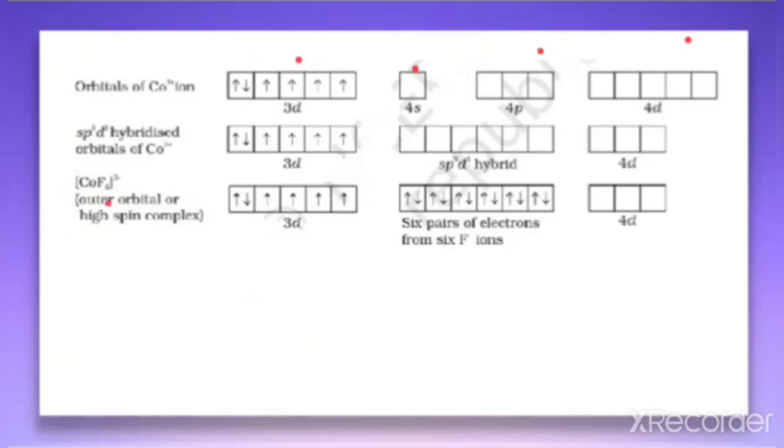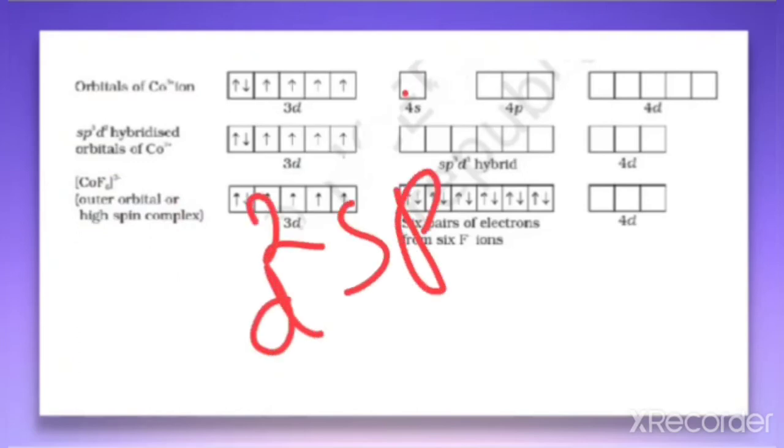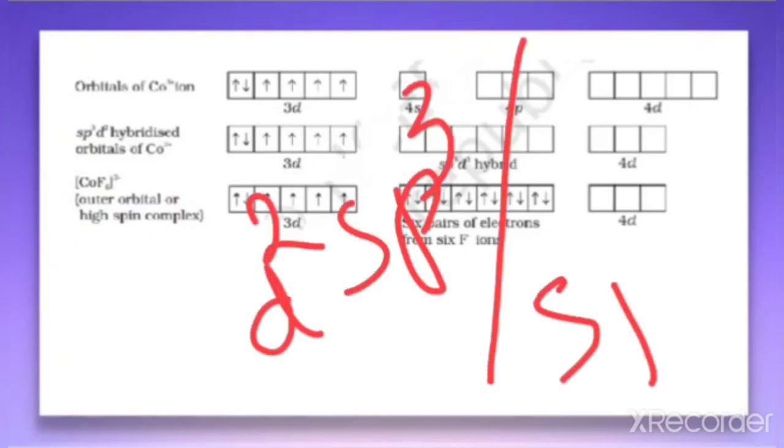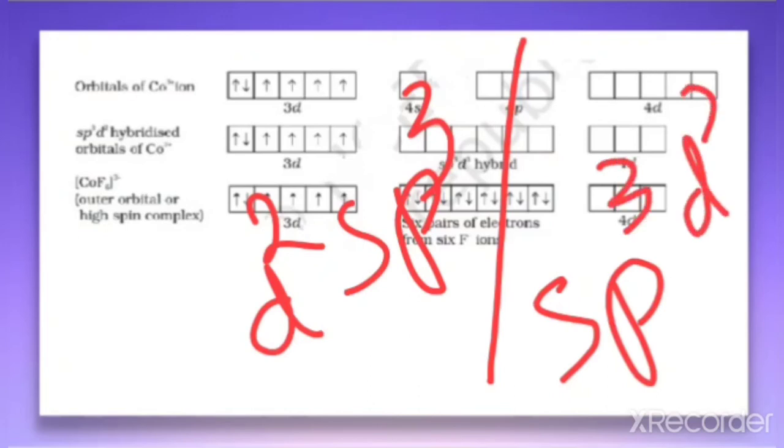What are the two possibilities for coordination number 6? How do we find the coordination number? Because F is 6 in number, the coordination number is 6. So the two possibilities are either d2sp3 or sp3d2. When there is a weak field ligand like fluorine, the more likely possibility is sp3d2.